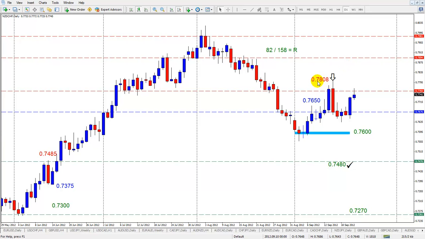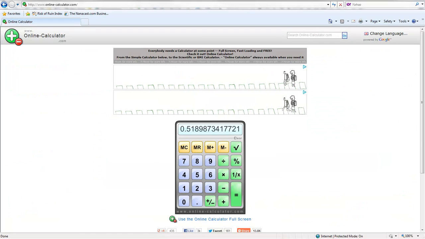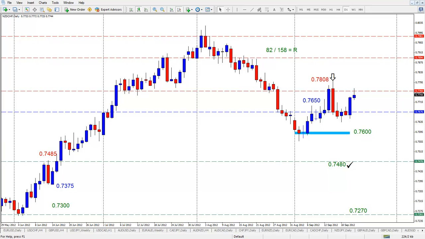It's 0.5% that I lost on my account, but it was, what did I say it was? 82 pips? Yeah, 82 pips, I believe. So that's a big deal, right? 82 pips equals only 0.5%.